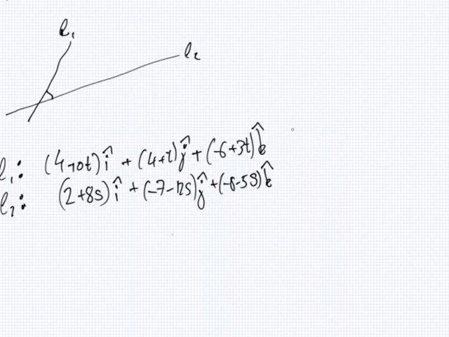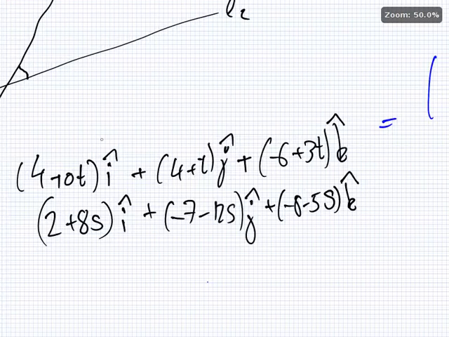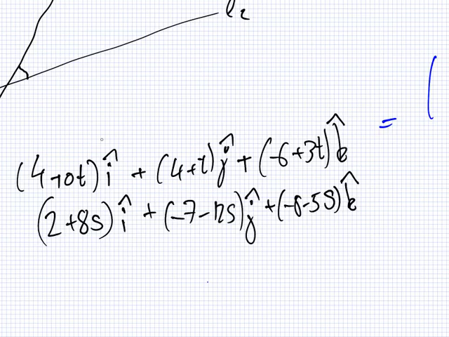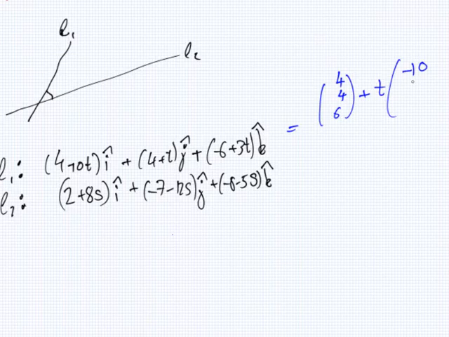If I write this in bracket form, what was the first one? 4 plus 10t, wasn't it? Minus 10t. Sorry, minus 10t. So if I write this with brackets, I could write it as 4, 4, 6 plus t times minus 10, 1, 3.